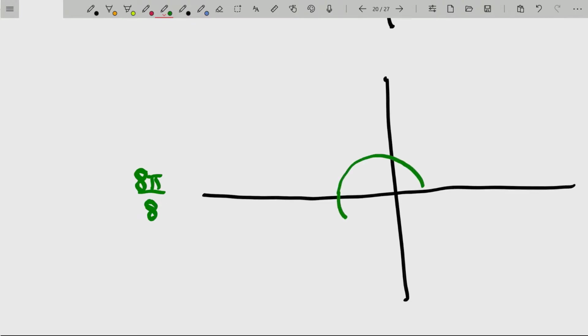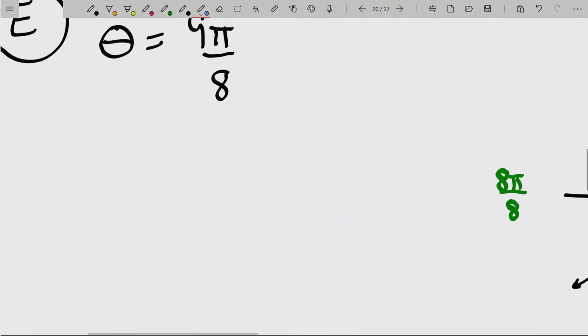And that plus some more is critically important here, because that plus some more allows you to know what you've overshot by. And we have overshot by pi over 8, because 8 pi over 8 plus pi over 8 is 9 pi over 8. And there we go, we have our reference angle for 9 pi over 8. It is pi over 8.